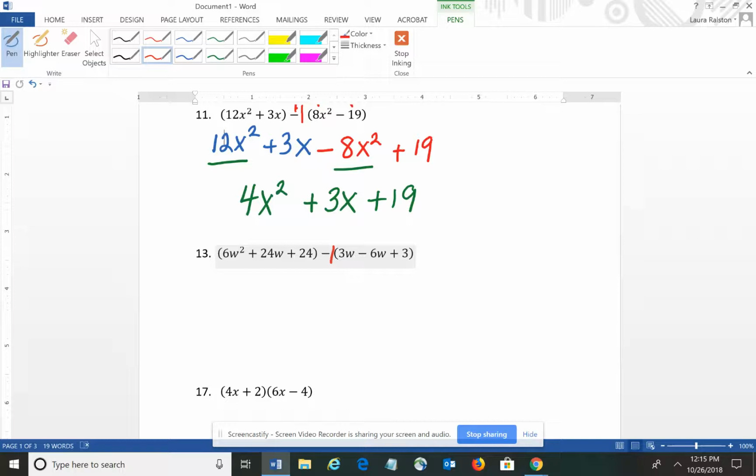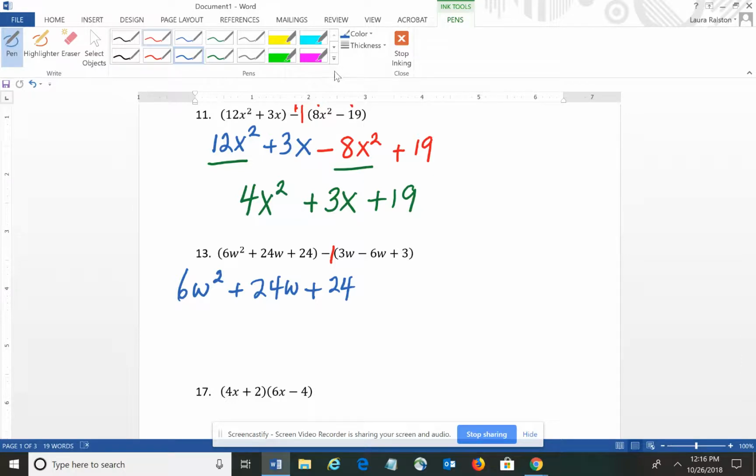So again, there's an understood 1 in front of that parentheses. If I rewrite this problem as I did before, the first polynomial we just bring down as is. So we have 6w² + 24w + 24.